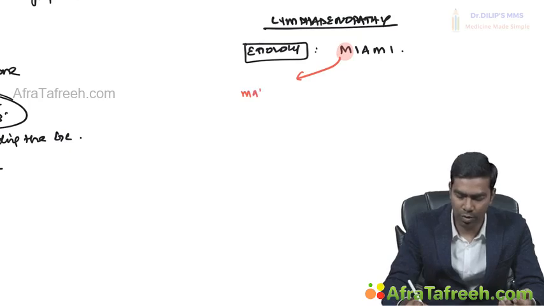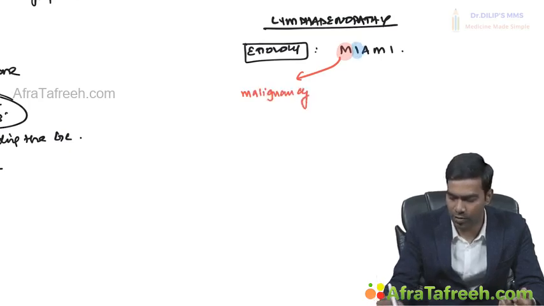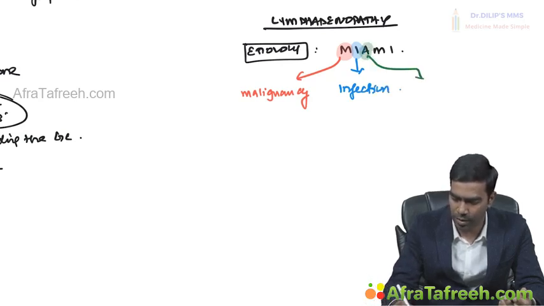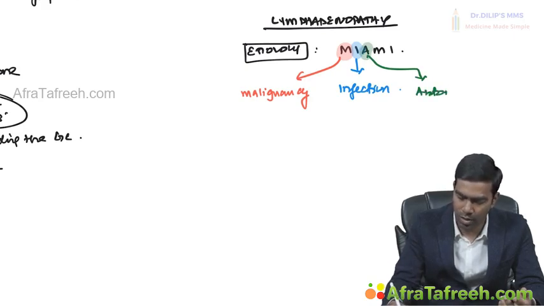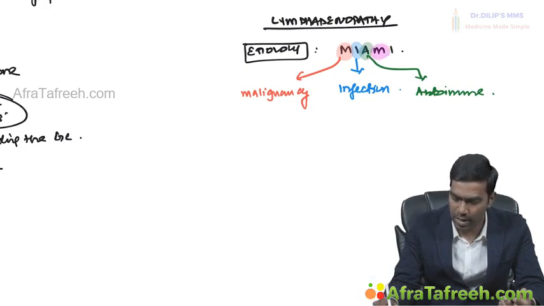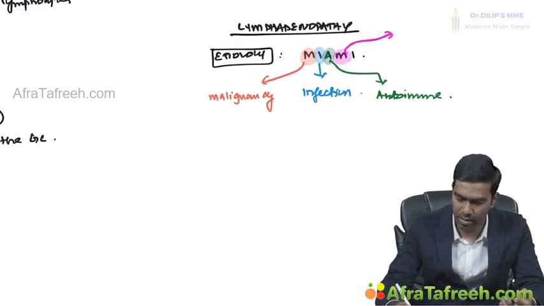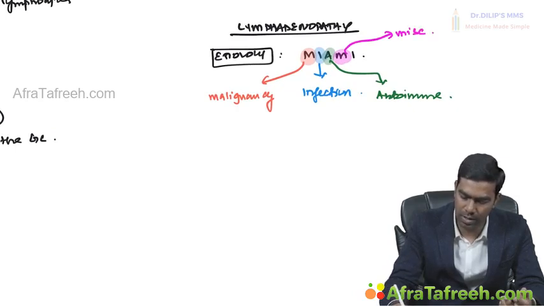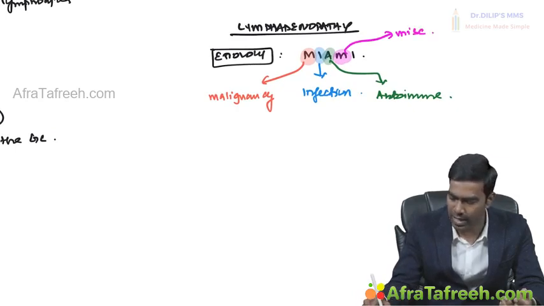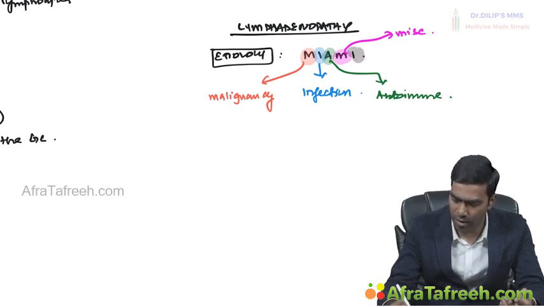M stands for malignancy, I stands for infection, A stands for autoimmune, M stands for miscellaneous, and I stands for iatrogenic.